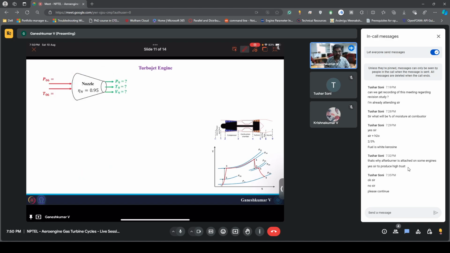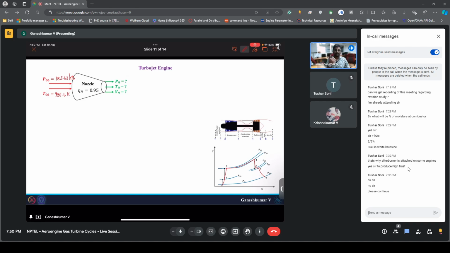The next would be nozzle. Here you should be a little careful. To find the pressure and temperature at the exit of the nozzle, the first thing we need to do is check whether the nozzle is choked or not. P06 is 183.63 kilopascal, and T06 is 981.6 Kelvin.